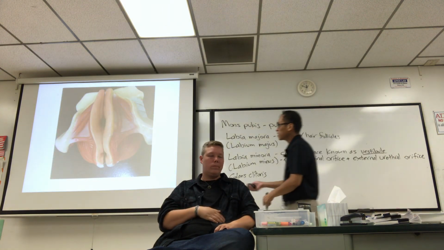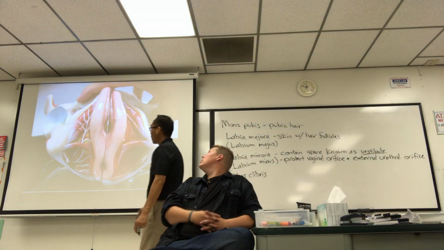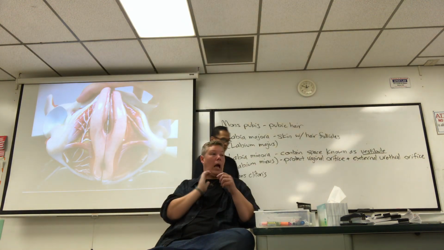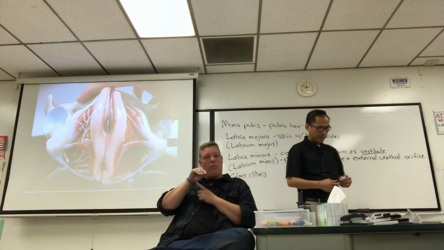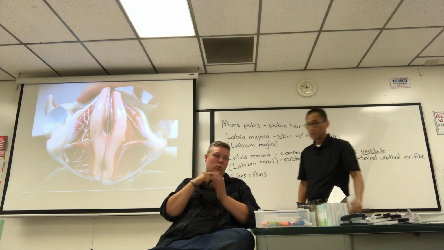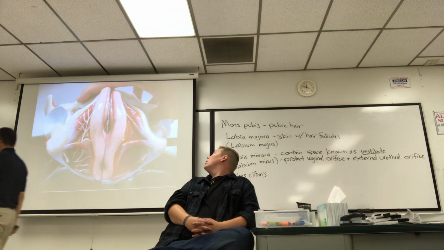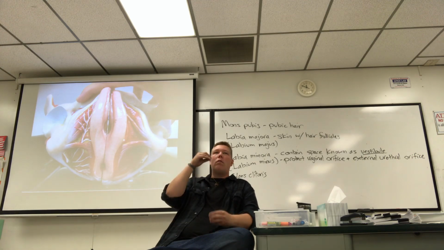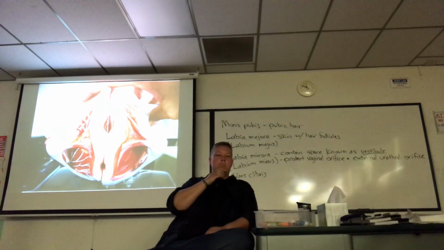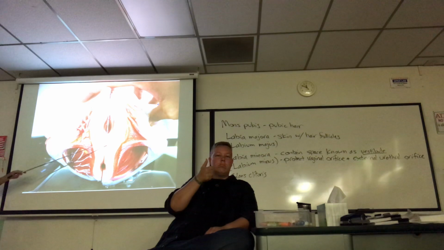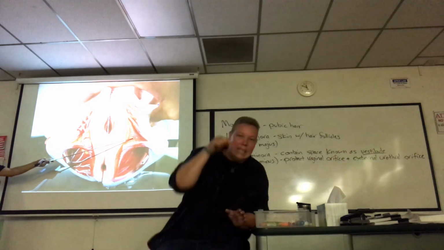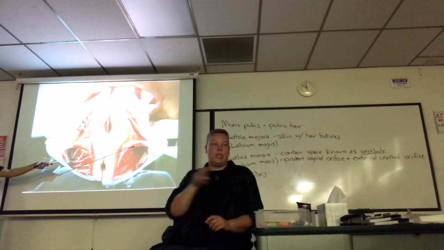Here's a picture. Let's look at this one here. This one is our model. I took this picture, that's my hand, and I wanted to show you some of the muscles there. Turn the lights off. That's the deep transverse perineal. So that's superficial transverse perineal.